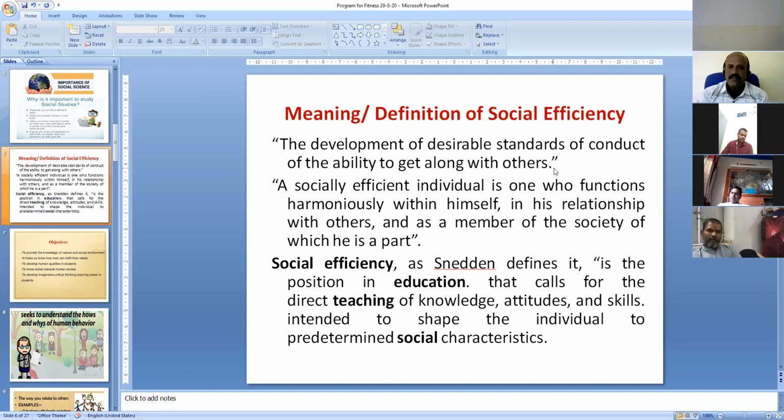So social efficiency means the development of desirable standards of conduct, of the ability to get along with the others. And another definition is that a socially efficient individual is one who functions harmoniously within himself, in his relationship with others, and as a member of the society of which he is a part.